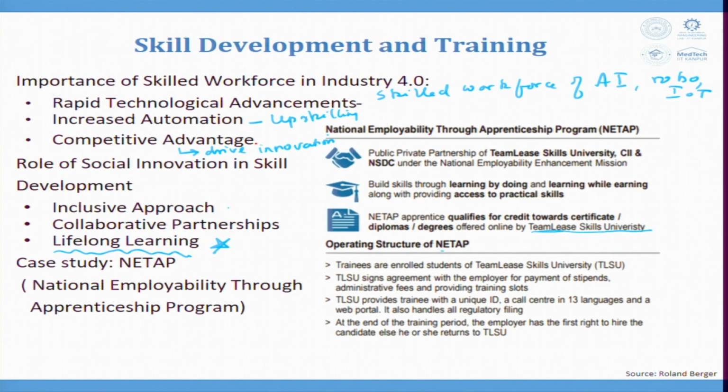So, the operating structure of NETAP is going to be trainees are enrolled students of Team Lease Skills University. They sign agreement with the employer for payment of stipend, administrative fee and provide training slots. They also provide trainee with a unique ID, a call center in 13 languages and a web portal. It can handle all regulatory filing.